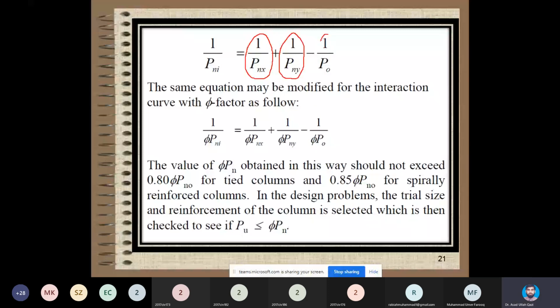Once this right hand side is calculated, we will get the reciprocal of the biaxial capacity of the column.